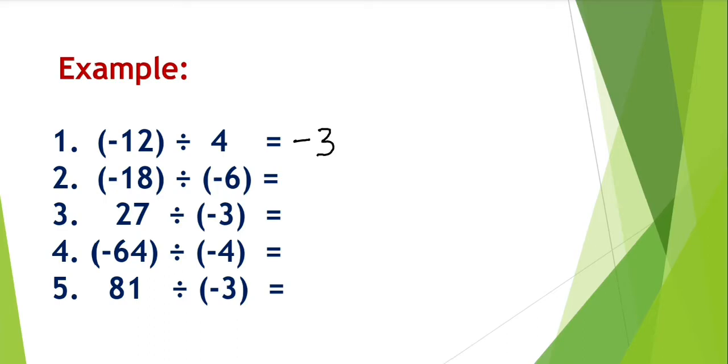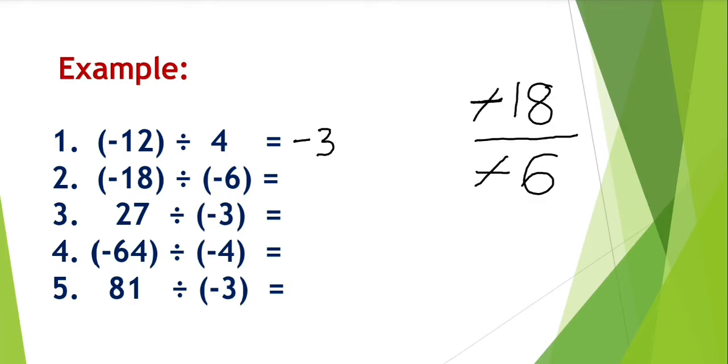See the next problem, minus 18 divided by minus 6. So just do the division by the cutting method. Minus 18 by minus 6. When there are the same symbols, both minuses, in numerator and denominator, we can cut like this. And read the 6 table.